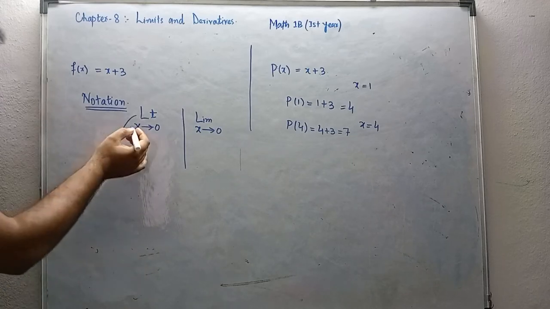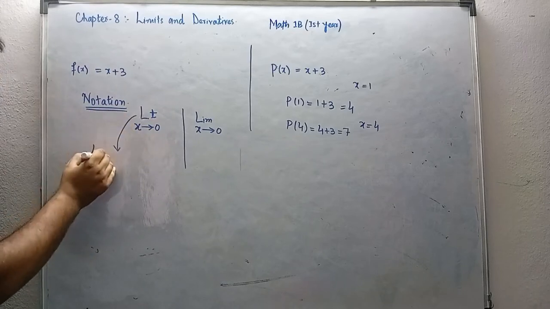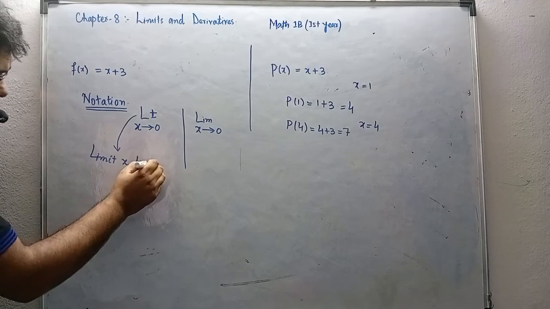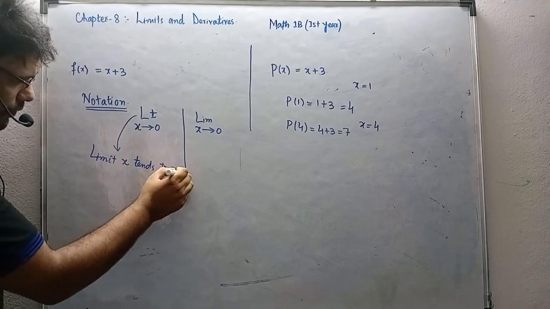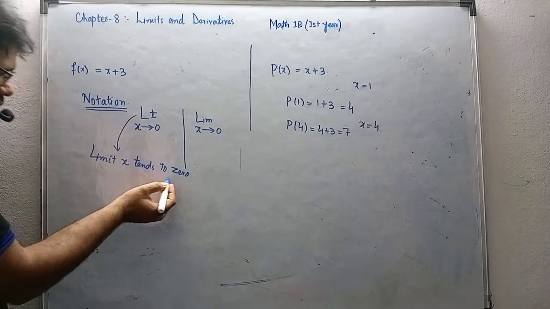Now how do we read it? It is very simple. Limit x tends to 0.